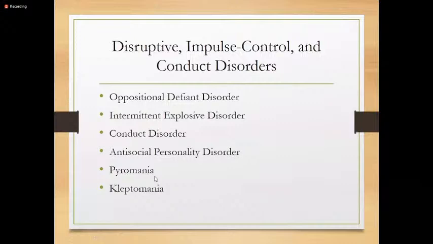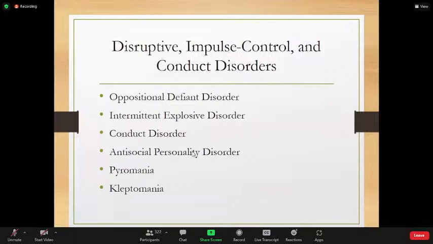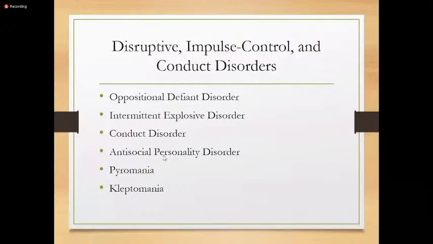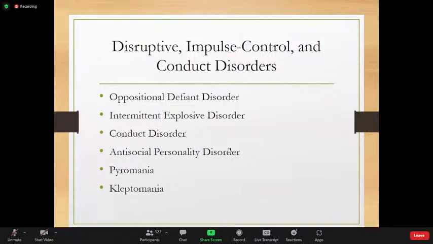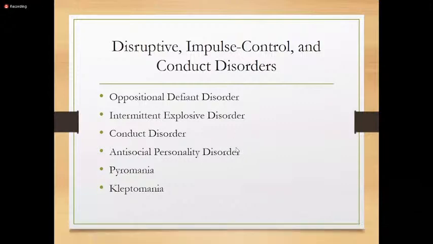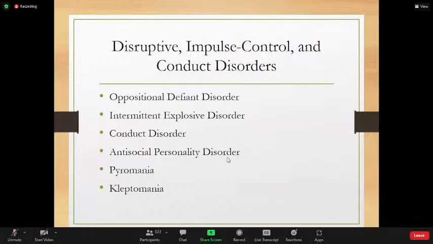And then there are other conditions which also used to be classified as childhood disorders: the disruptive, impulse-control and conduct disorders, oppositional defiant disorder, intermittent explosive disorder, conduct disorder, and they have put antisocial personality disorder here. It used to be under personality disorders.